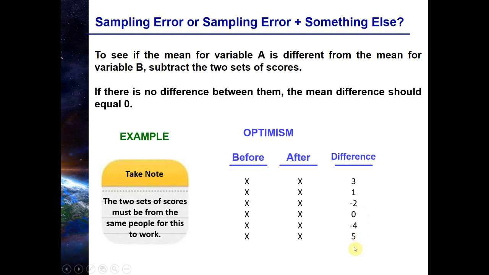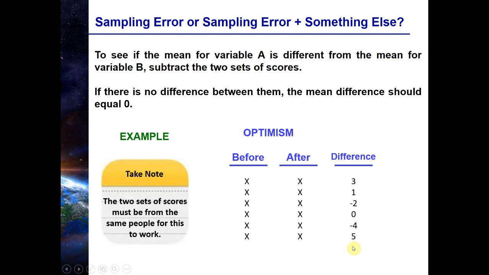Now you're going to calculate the average difference. You just take these numbers and calculate the mean. You can think of this as the mean difference, or the mean change from before to after. Again, if in fact there's no difference between before and after, this should be 0.